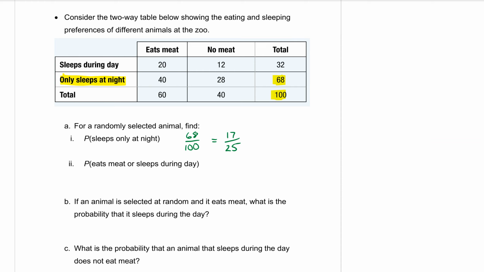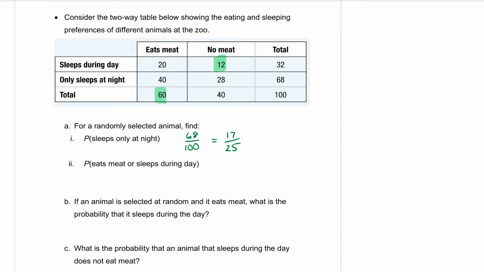Part 2, we want the probability that it eats meat or sleeps during the day. So let's have a look. Eats meat. There are 60 animals that eat meat, and we also want it to sleep during the day, but we've already counted these 20 that eat meat here, so we just need to count the extra 12 that sleep during the day but don't eat meat.